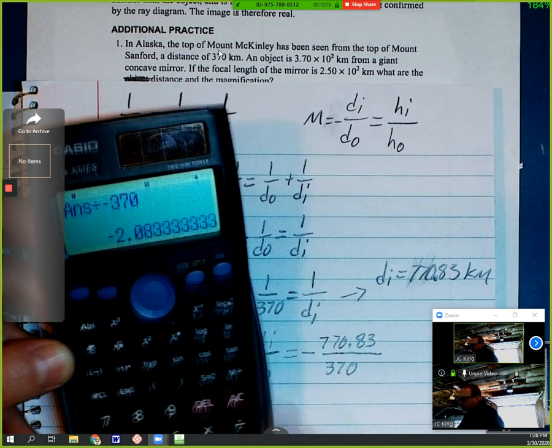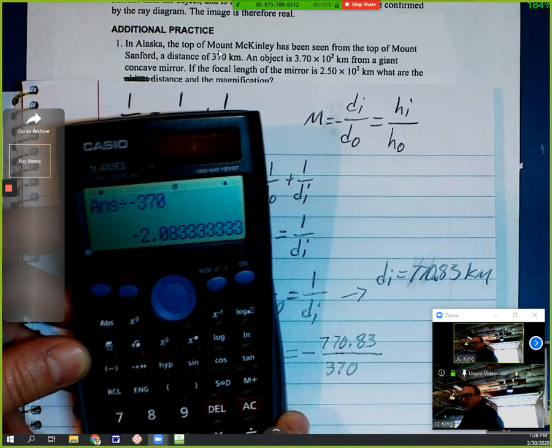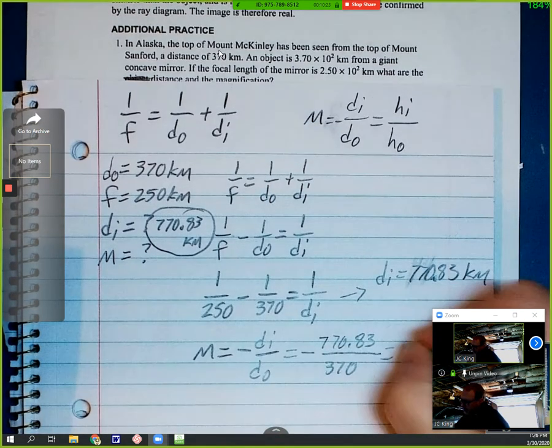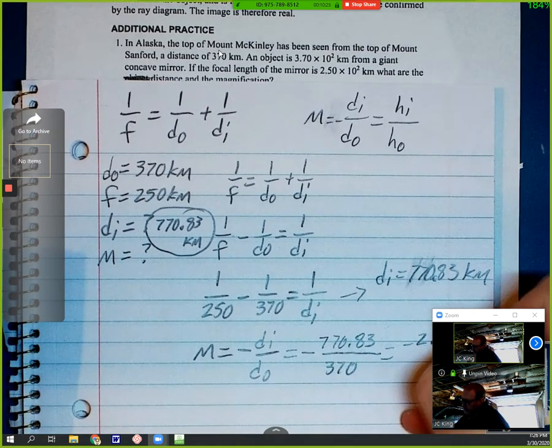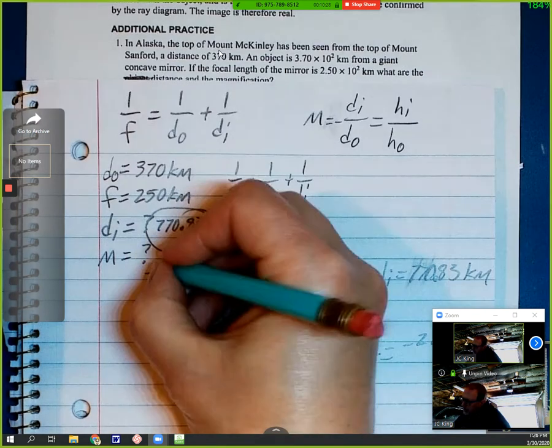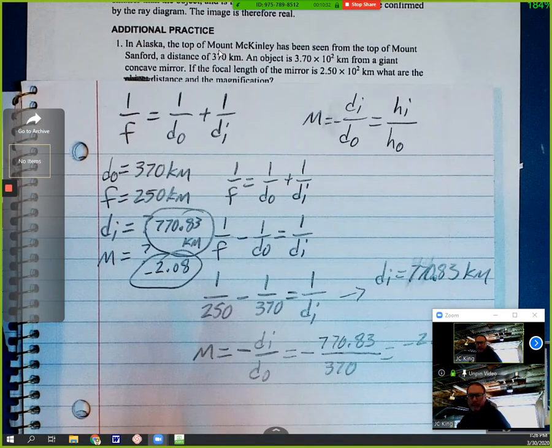And I get a magnification of negative 2.08. Negative 2.08 is my mag. And that's problem number 1.